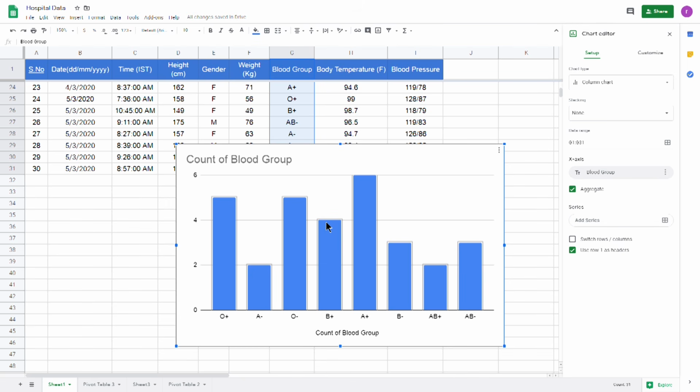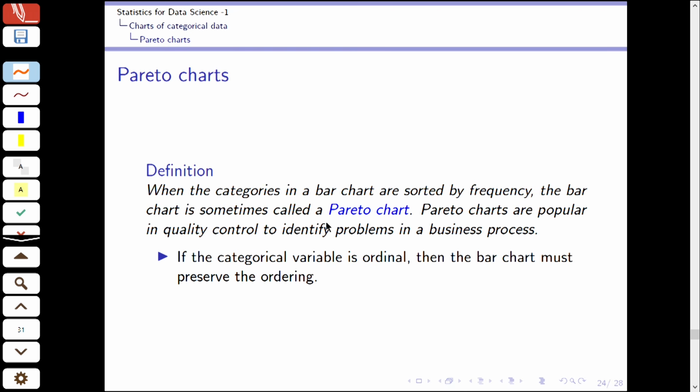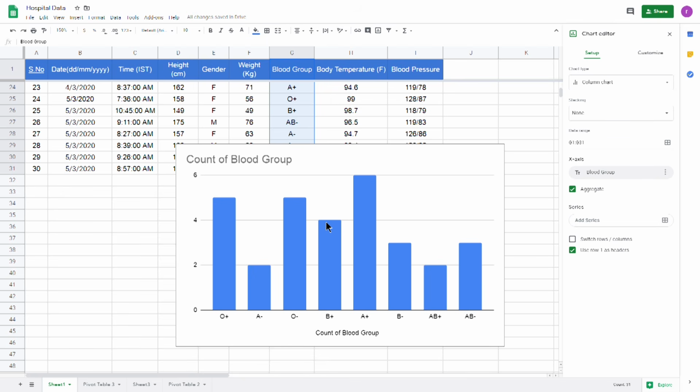Now, many a time what you might want to know is, for example, suppose I have been given this as a chart, I might want to have the bars arranged in a particular order. For example, here I see A has the highest bar or the longest bar if it is a horizontal bar chart.